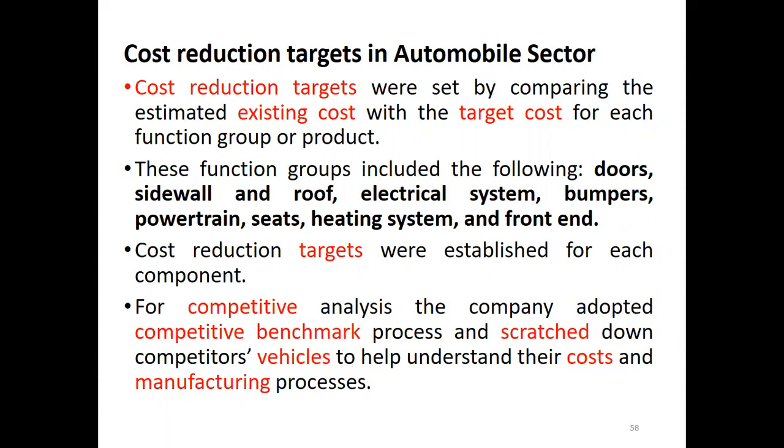So whatever is the actual expense of door and sidewall manufacturing, roof manufacturing, electrical system manufacturing, bumper manufacturing, power and seats manufacturing, we will set the targets and we will reduce the cost in these areas. These are the major areas in the automobile sector where they play more role in cost generation.